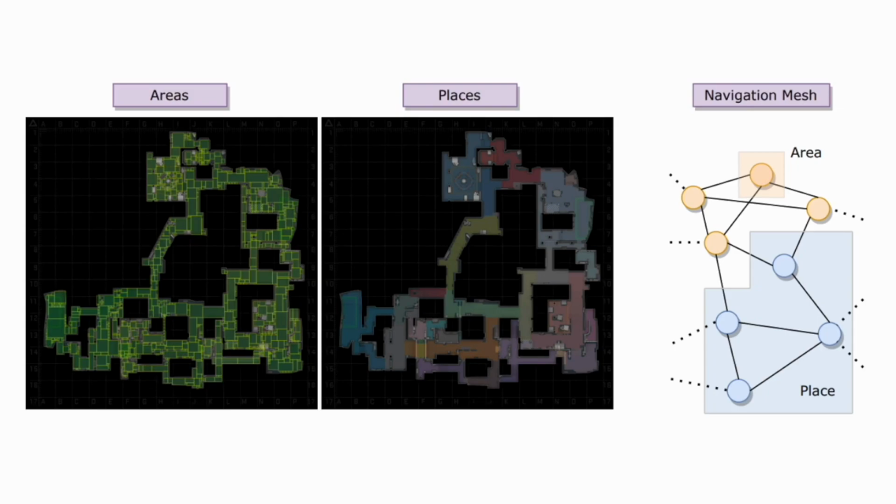In CSGO, these areas are all quadrilaterals and come in various sizes, as you can see on the left. A collection of contiguous areas makes a place, which is assigned a human identifiable name, such as CT spawn, apartments, or bomb site A. You can see examples by color in the middle. Finally, these areas all make up a graph, indicating which areas are connected to one another, as you see on the right.